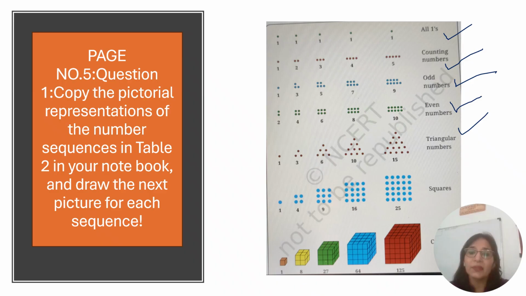For triangular numbers, you have 1 dot, 3 dots, 6 dots. There is a certain pattern which is followed. Then you have the squares, and likewise the cubes, which you see here. So you can just draw all these patterns, and that will help you understand more.